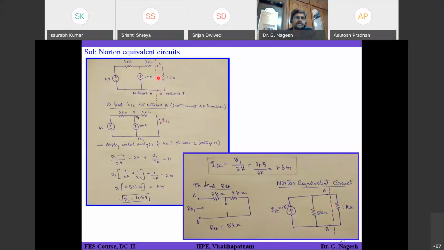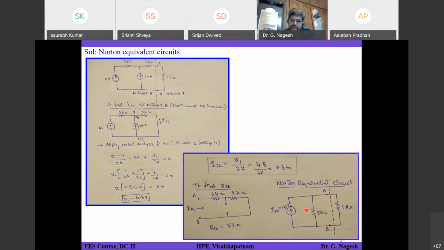You have to find out RN or RTH in this fashion. Then you connect both of them in parallel and leave the terminals A and B open. That's all. That is your Norton's equivalent circuit.